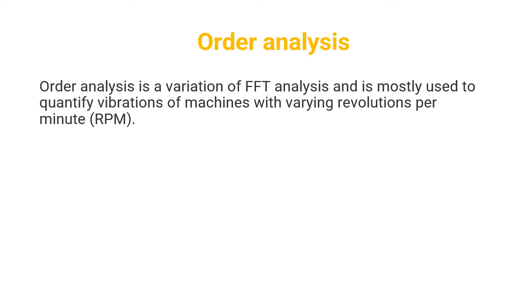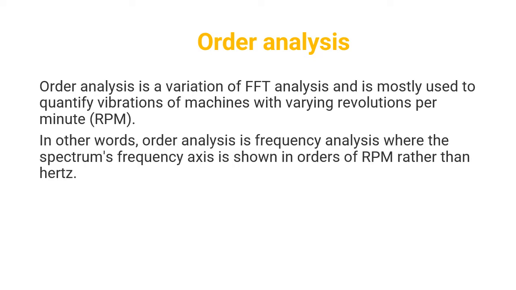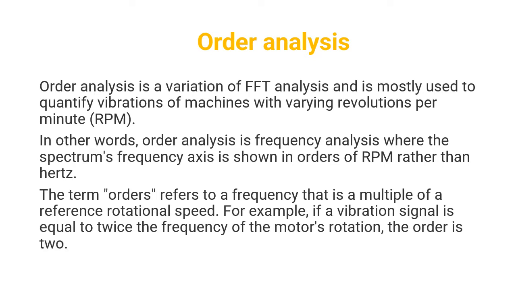Next is order analysis. Order analysis is a variation of FFT analysis and is mostly used to quantify the variation in machines with varying revolutions per minute. In other words, order analysis is frequency analysis where the spectrum frequency axis is shown in orders of RPM rather than hertz, and the term order refers to a frequency that is a multiple of the reference rotational speed.